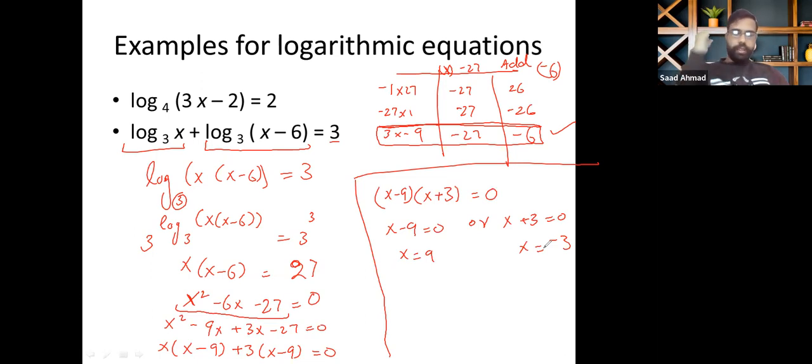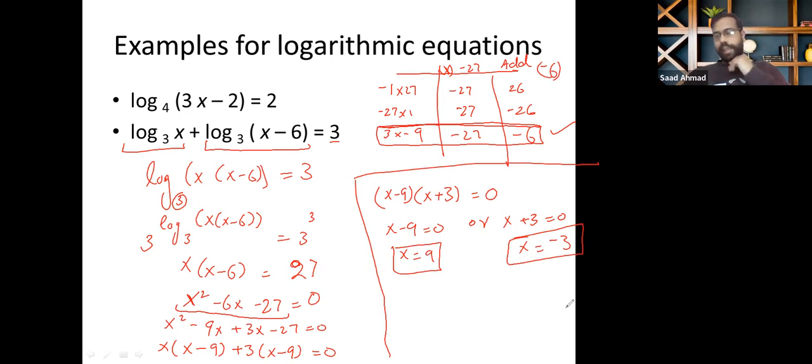So we are done. All right, we got two answers, 9 and negative 3, but there is still a problem left. When we are dealing with logarithmic equations, we can get extraneous roots, or solutions that are actually not solutions. So we need to check them by plugging them in.